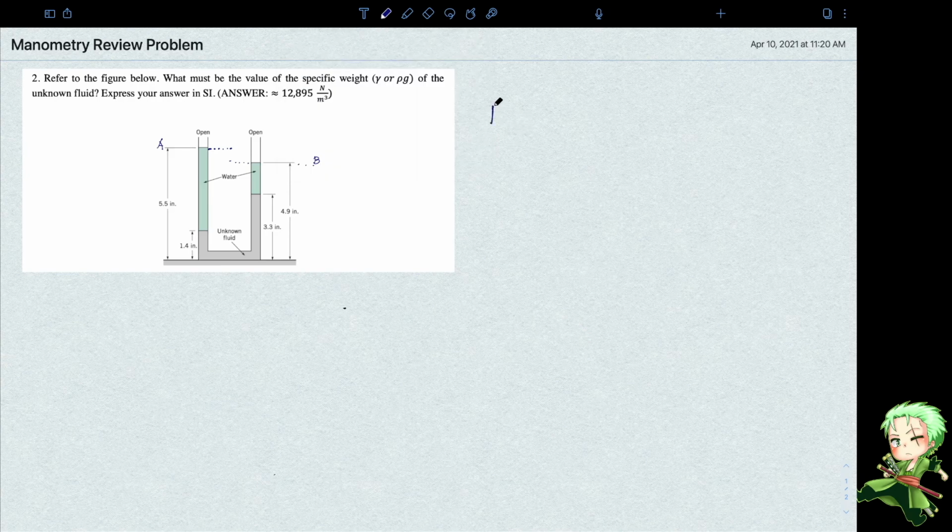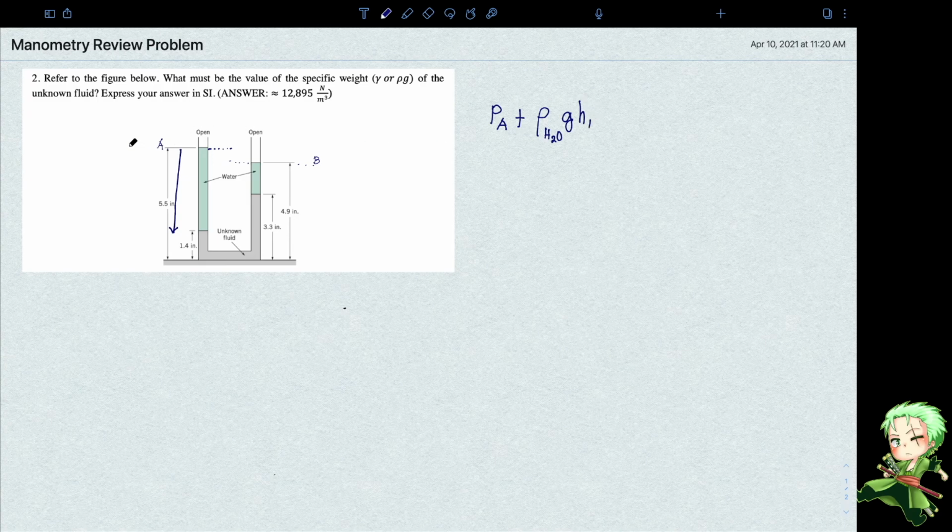I will have the pressure at A, and then since I will be going down up until this point here, I will have plus the increase in pressure since that is going down, rho of what fluid, that is still water. So the density of water, g on Earth, we don't have a problem with that. And I will label it H1.